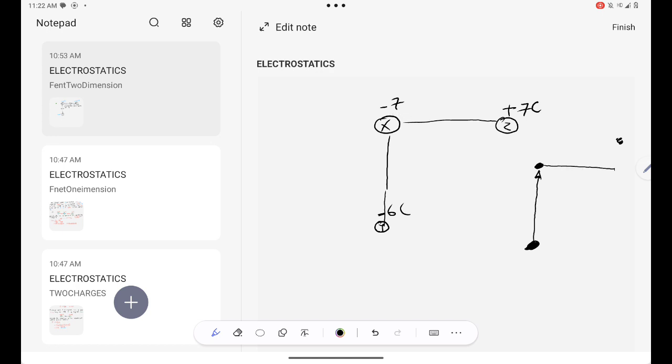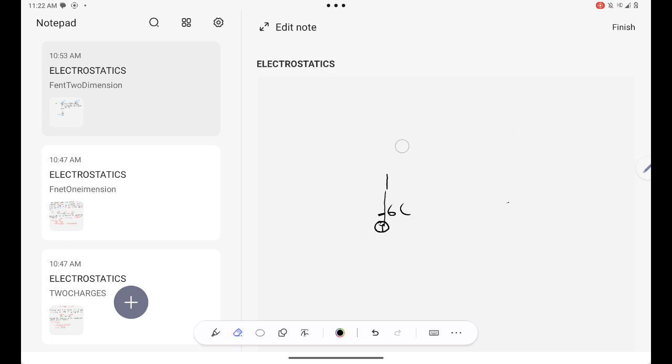So this will be the force between charges X and Z, and that's the force between charges X and Y. Then my resultant force will just go like that. This will be my F net. So that's how you draw your free body diagram. It's very, very simple.